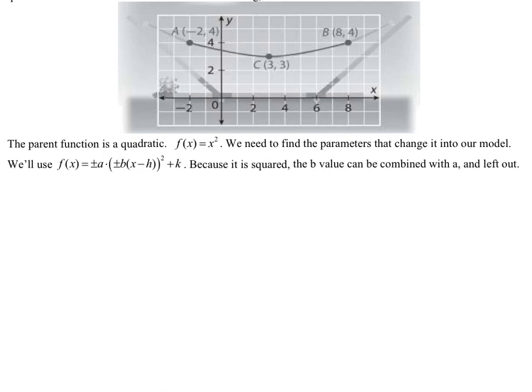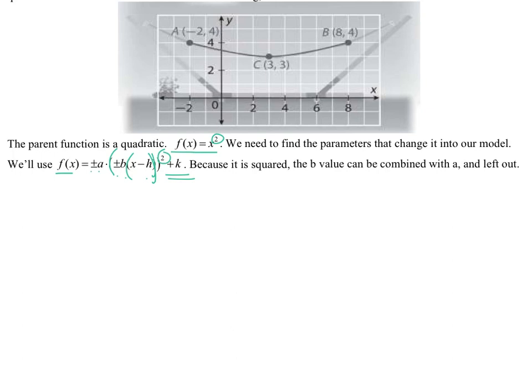Alright, so if I took my function f(x) is x squared, then f(x) with our changes, we could have a positive or a negative, we could have an a value, and then positive and negative and a b value, and then we can have a horizontal shift, and then we have the squared, because that's the only thing that's in the function, and then after the function, we could have plus k.